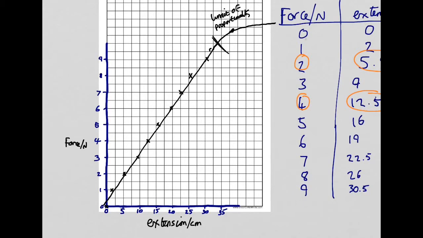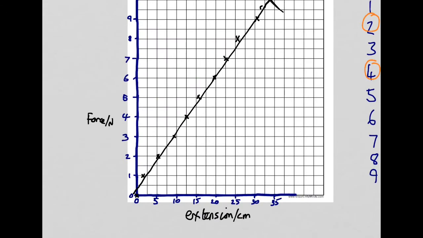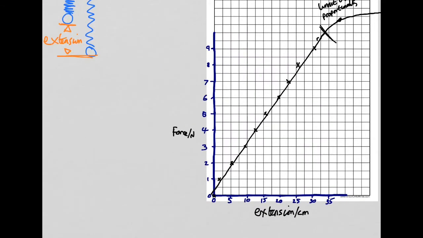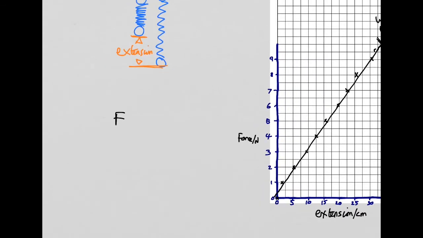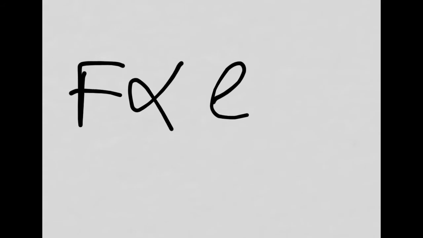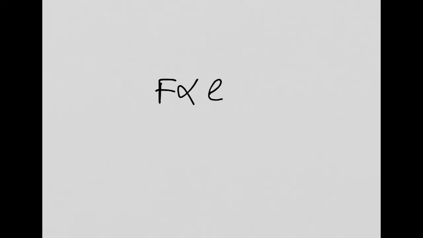Now, the first thing I want to look at is the directly proportional relationship. So we know that force is directly proportional to extension. This little symbol here means directly proportional to. Now we can rewrite that like this.